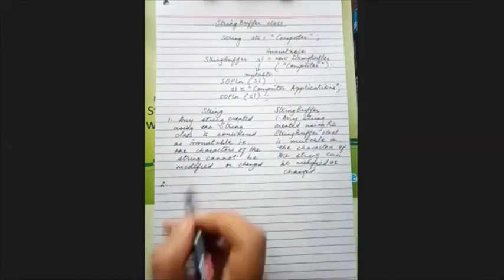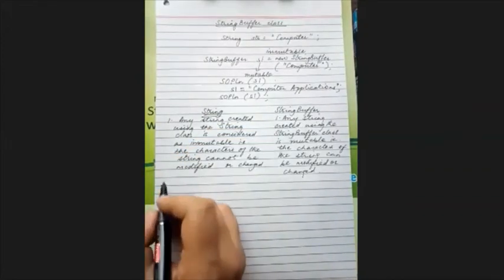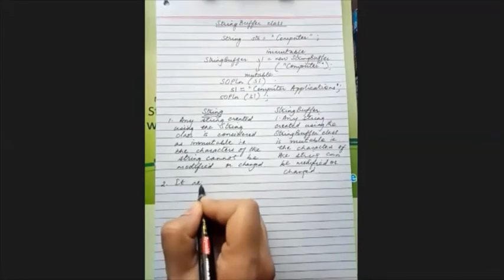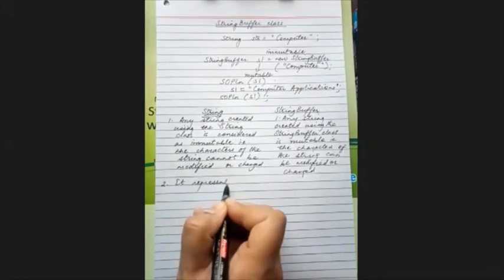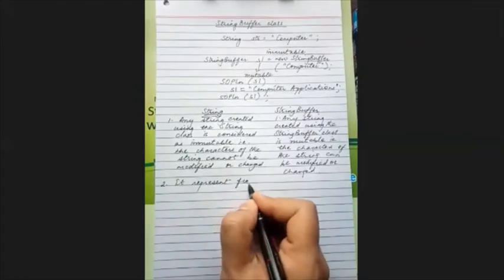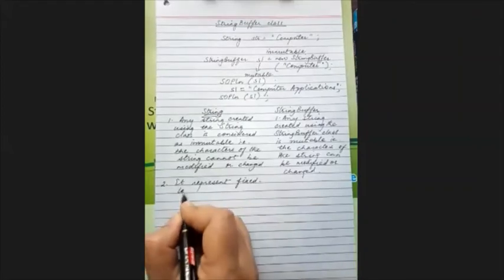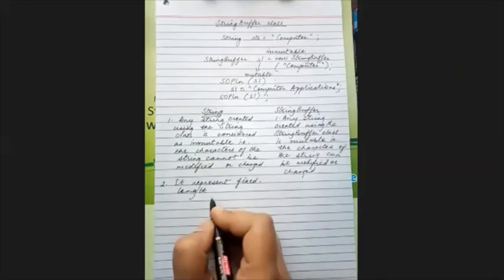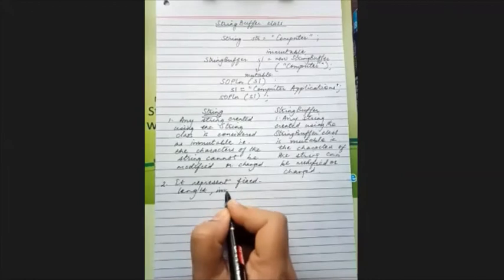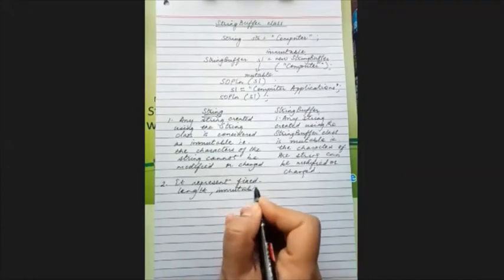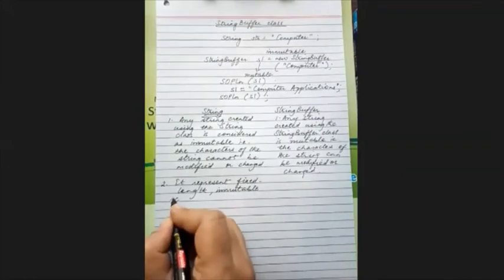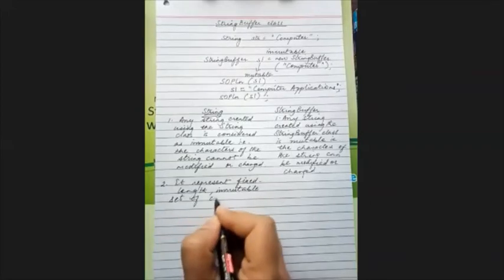Second point, under the string class, it represents fixed length. That means the length can also not be changed. It represents fixed length, immutable set of characters.